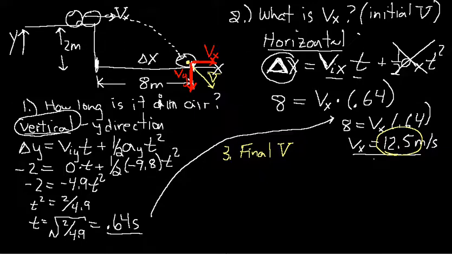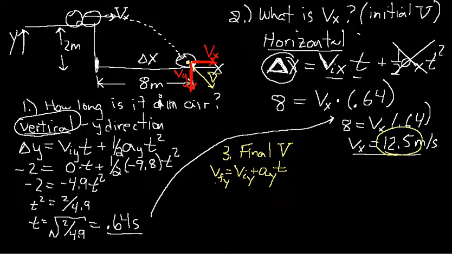All we need is the velocity in the y direction right here when it hits the ground. Well, how can we do that? The final velocity is always equal to the initial velocity plus the acceleration times the time. Now, if I'm talking about the y direction, I would simply keep in mind that I'm talking about the y direction, so I make all of my velocities with respect to y.